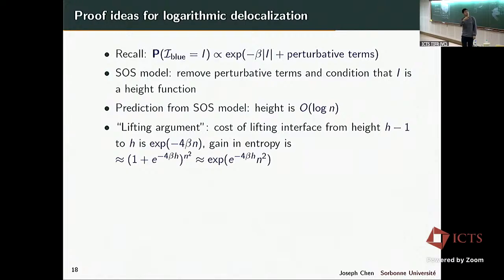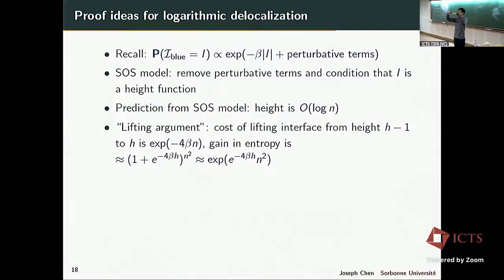But then you would like to gain from your ability to have your downward fluctuations now. So when you are flat at height 0, you have no ability to go down at all. But now that I have raised myself up by 1, I can drop back down to 0 in any of the n squared places.